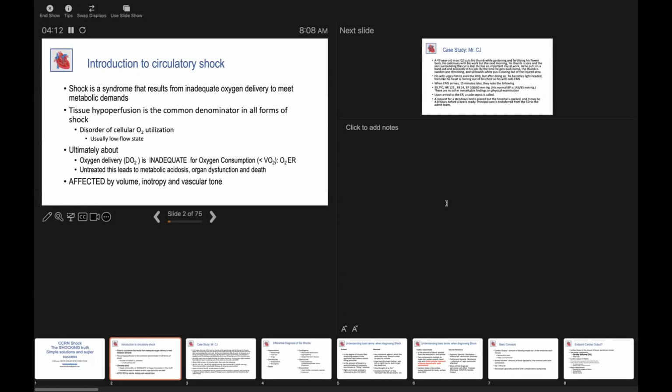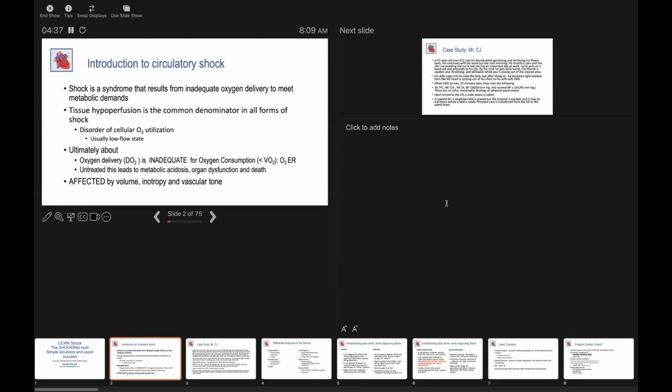Normal cardiac index is 2.5 to 4. But a normal cardiac output is one that answers the cellular demand for oxygen. So not only are you looking at cardiac output and stroke volume numbers, you're actually evaluating whether or not the tissues are adequately perfused.